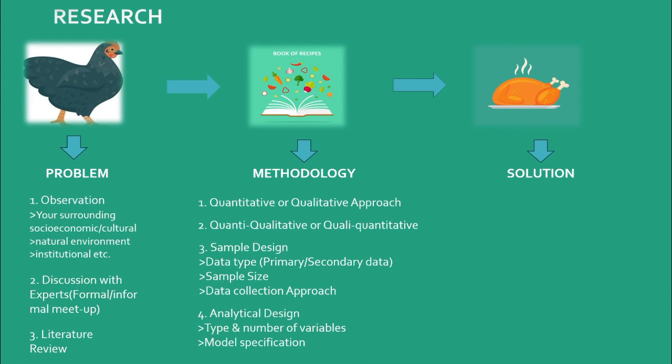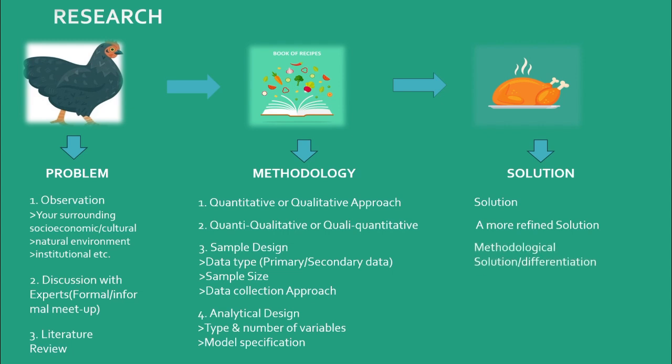Now, using your personal understanding of research methodology, like cooking a chicken, your personal skills and also some help from the recipes, you can come up with a different dish or solution. This solution can be a more refined or updated solution compared to the previous ones, which will differentiate your study and the authenticity of your study.